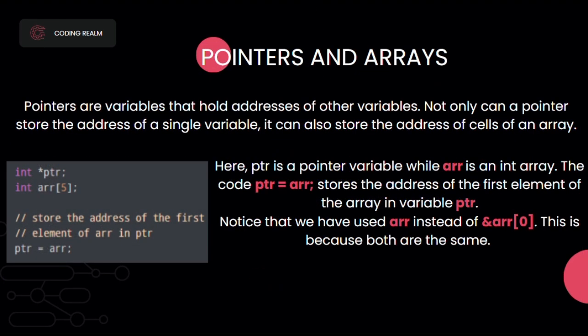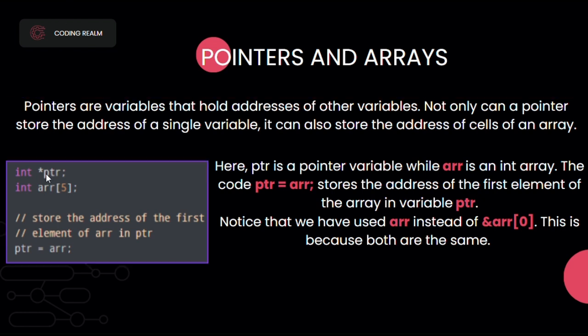Now, pointers and arrays. Pointers are variables that hold addresses of other variables. Not only can a pointer store the address of a single variable, it can also store the address of cells of an array.